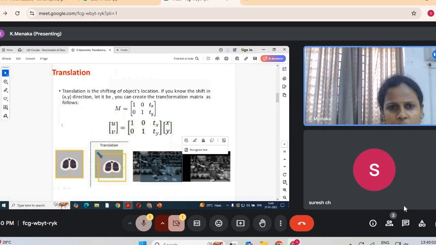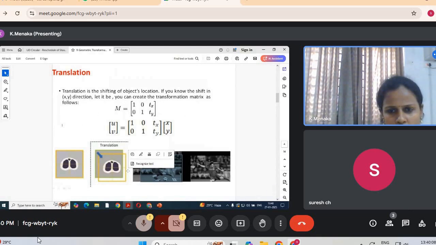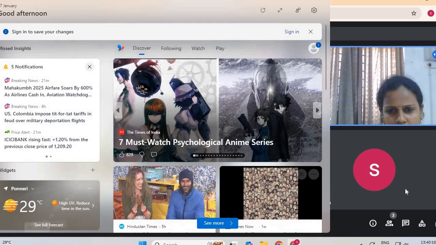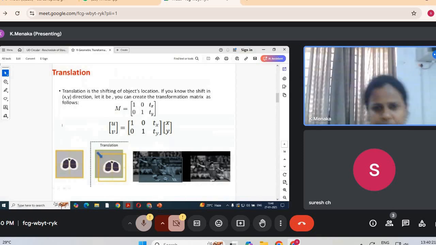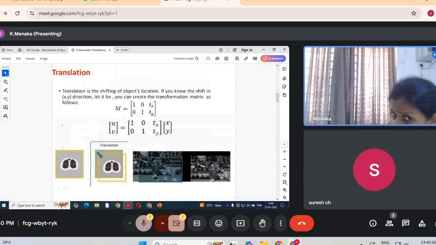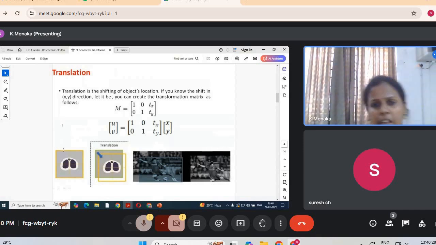If you know the shift in the x comma y direction, you can create the transformation matrix as follows. This is the first image, and here this portion is shifted to the next location. This is called the transformation matrix.